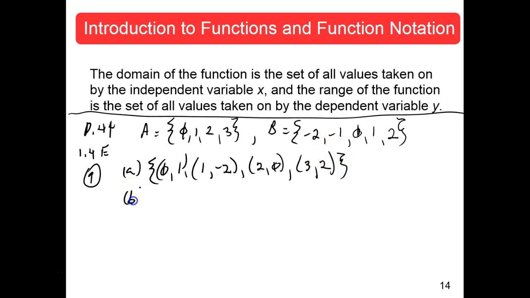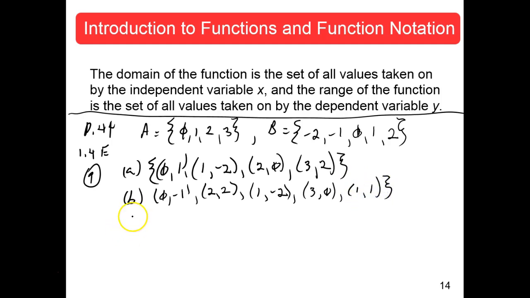The B option is (0, -1), (2, 2), (1, -2), (3, 0), and (1, 1).